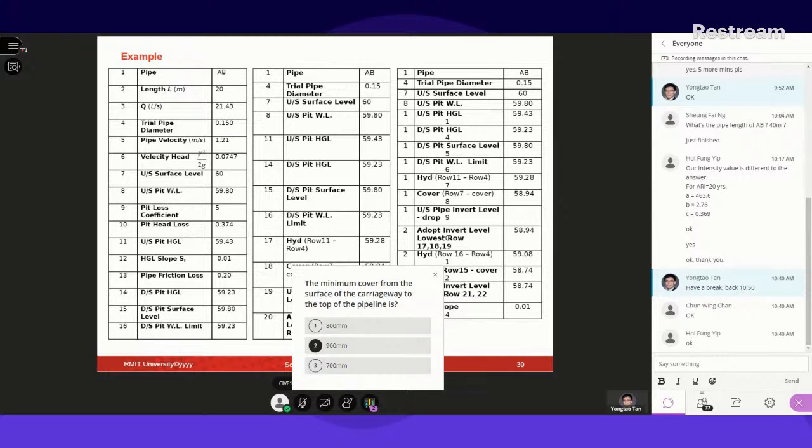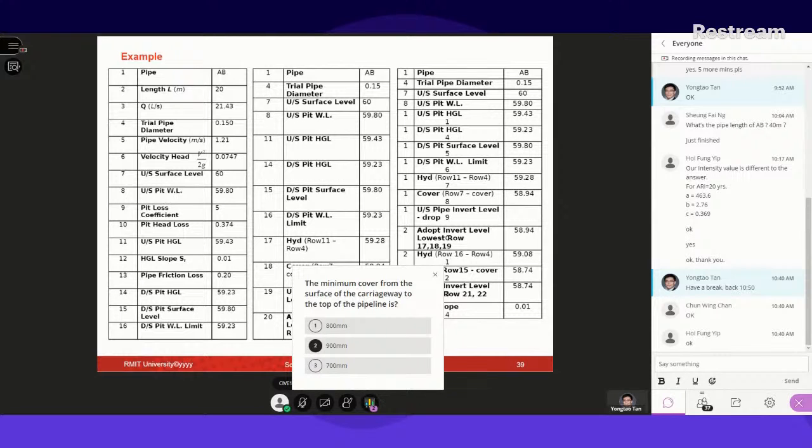After a short break, we will continue this morning's workshop. I just gave you a poll question on the minimum cover from the surface of the carriageway to the top of the pipeline.